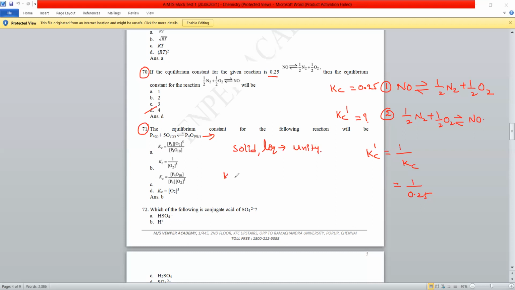So Kc equals unity for P4O10 divided by unity for P4, into the concentration of O2 raised to the power 5. They have given concentration, so that's why we have taken concentration. If it is pressure, we would take the pressure of O2 raised to the power 5. So this is the correct option. Check where it is. Option B is the correct one.